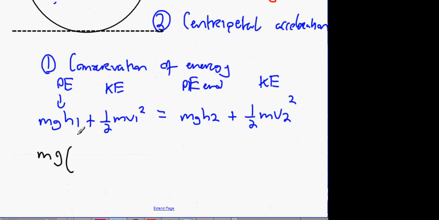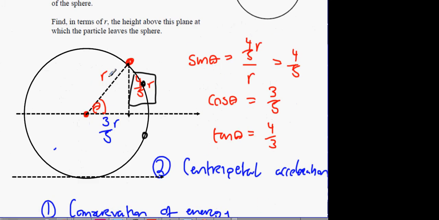There is no movement at the start, which means you have no movement here. Then your particle ends up here. This is height h2 above the ground, and it's travelling at v2. So when you reach here, the point at which capital R equals 0, you have v2, and now it's h2 above the ground, h2 above the diameter plane.